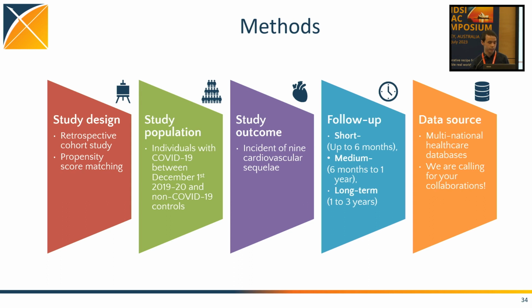We aim to match them by propensity score conditioned on the chances of getting COVID-19 infection. The study outcomes included 9 of the cardiovascular sequelae, and the short, medium, and long-term risk windows are defined as up to 6 months, from 6 months to 1 year, and 1 to 3 years after their initial COVID infection.